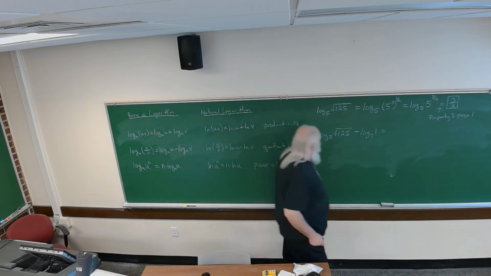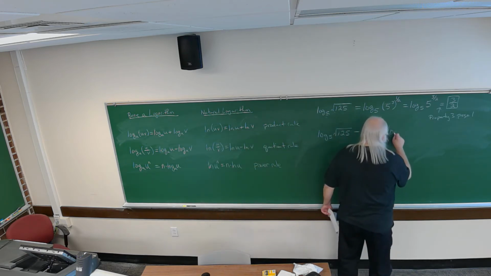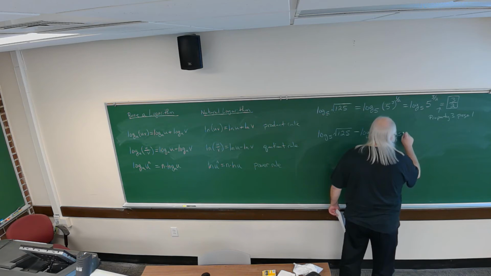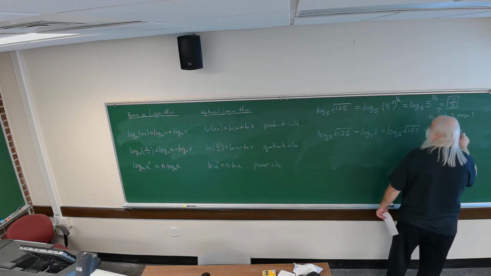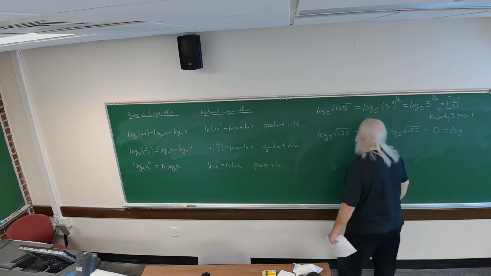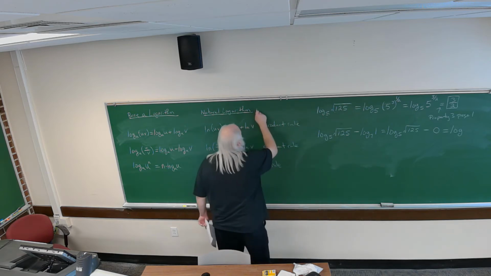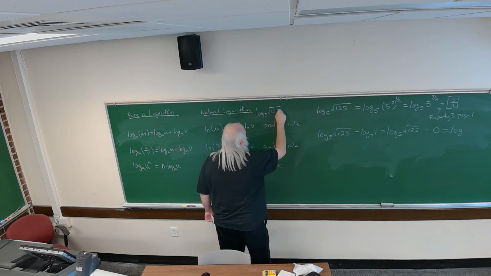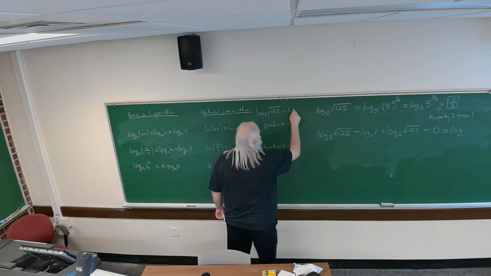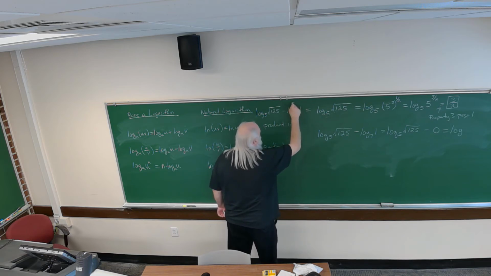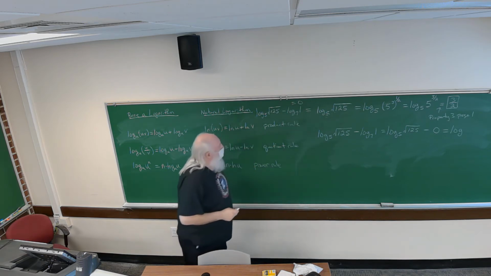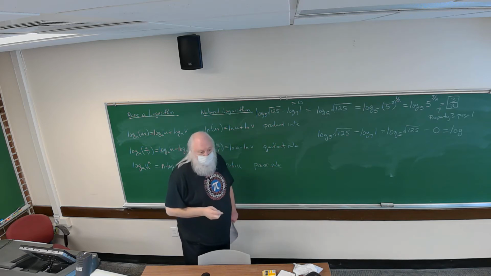So this is equal to log base 5 of the square root of 125 minus log base 7 of 1, and log base 7 of 1 is just equal to 0.